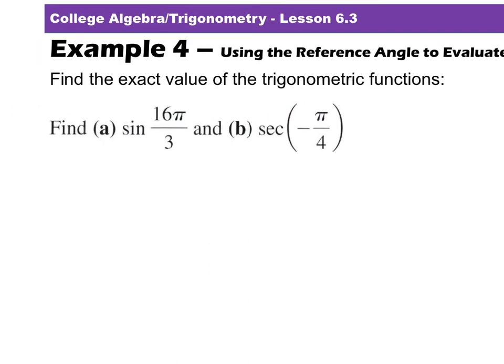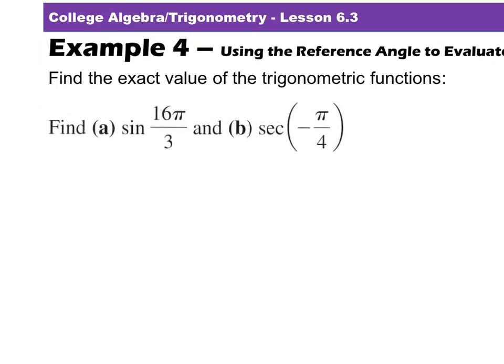What do you think I should do here first? Do you guys know where 16 pi over 3 is on the unit circle? So what should I do? Let's change it to degrees first so we can find it. Pi's cancel out. 3 goes into 3 once. 3 goes into 180 60 times, right? Everybody tell me real quick what 60 times 16 is, please. 960.